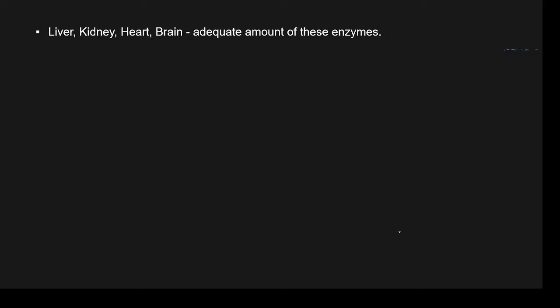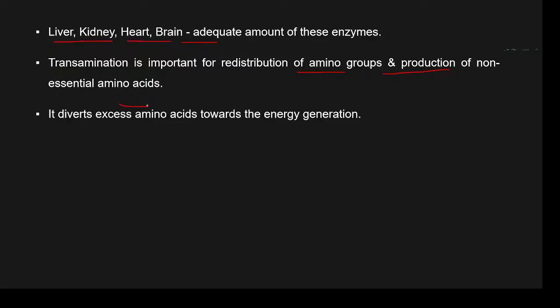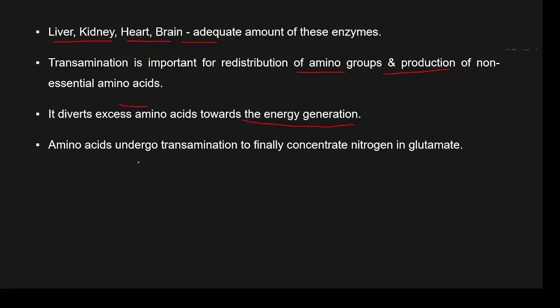Okay. So coming to its biological significance, liver, kidney, heart, and brain have adequate amounts of these enzymes, and transamination is important for redistribution of amino groups and production of non-essential amino acids. So it diverts excess amino acids towards energy generation, and that is for gluconeogenesis.